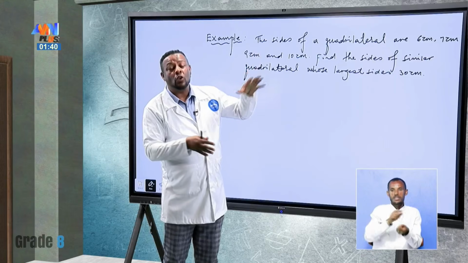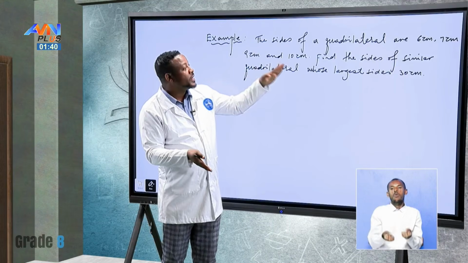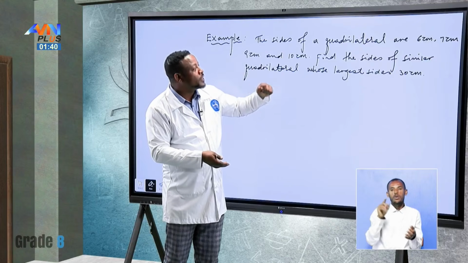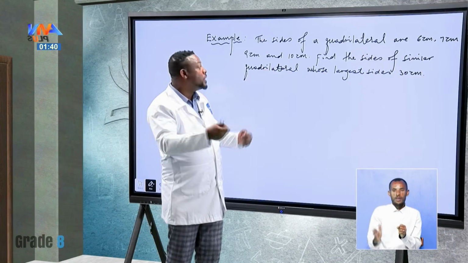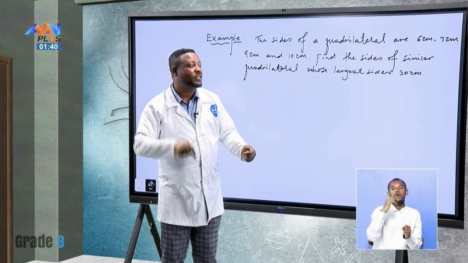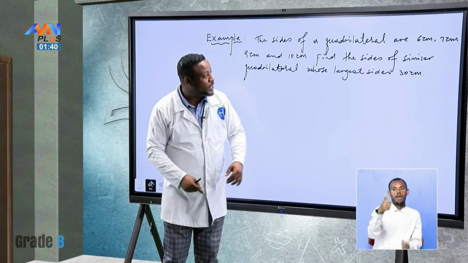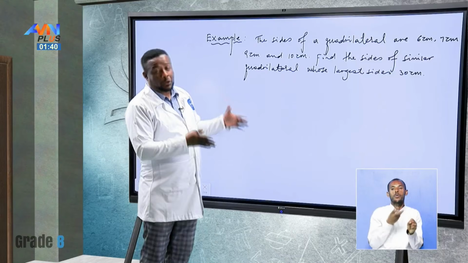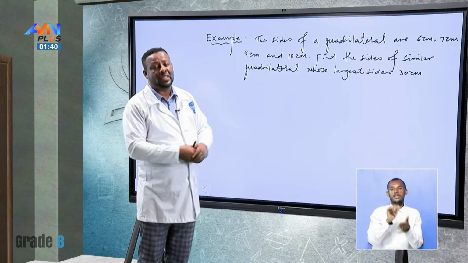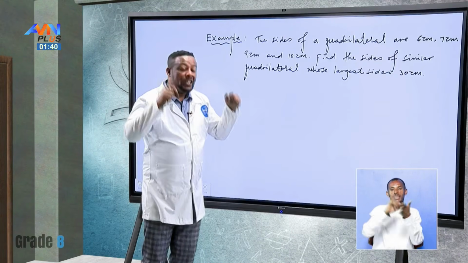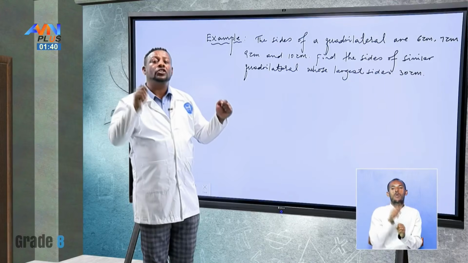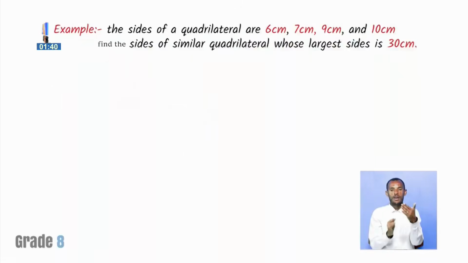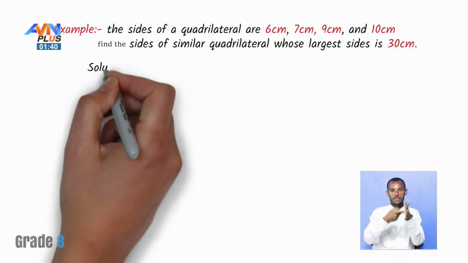There is a certain known quadrilateral whose sides are 6, 7, 9, and 10, and you are asked to find the sides of the similar quadrilateral whose largest side is 30 centimeter, right? So we will follow the procedure that we have seen in the previous example. That means we need to apply one of the conditions of similar plane figures, right? So this is how we do.